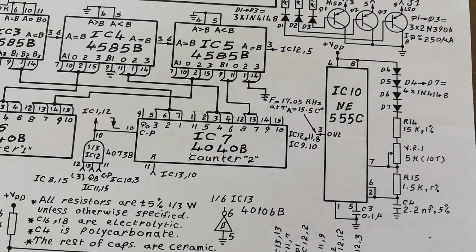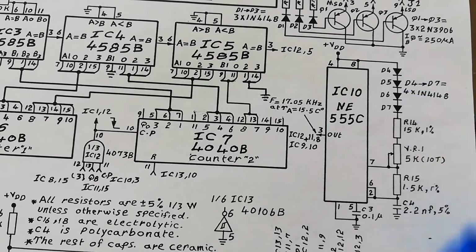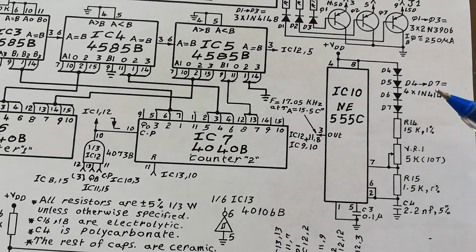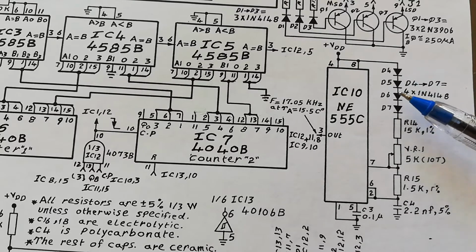And how is that done? This is done based on the delta VBE, or the decrease of VBE for each of these diodes.